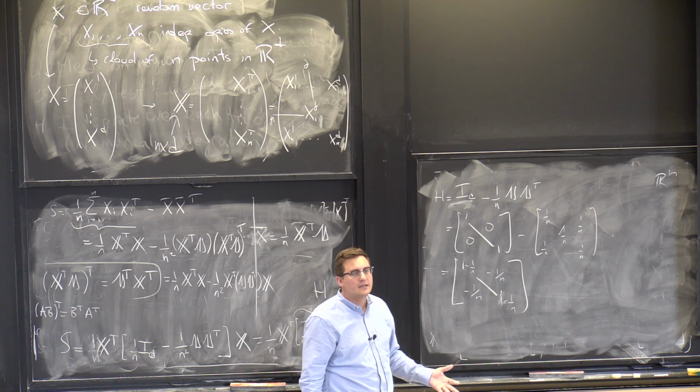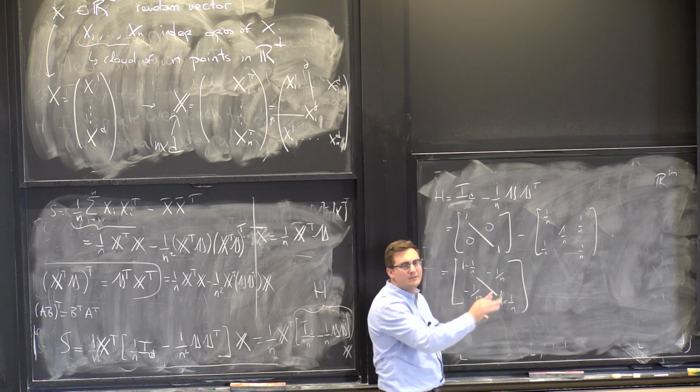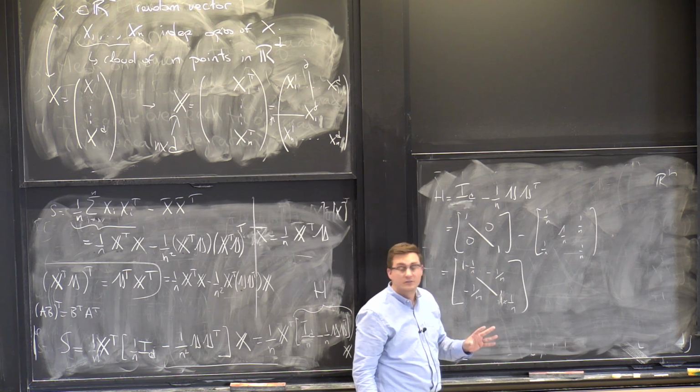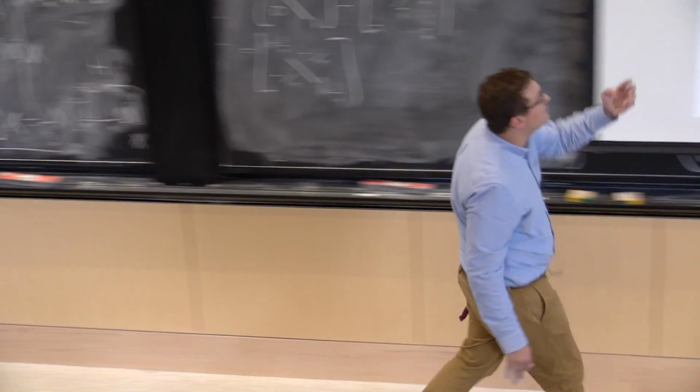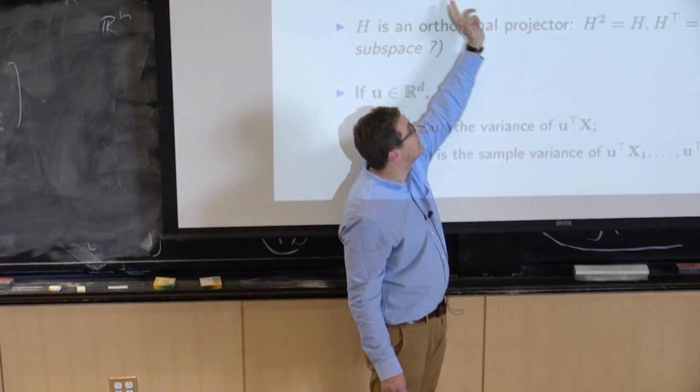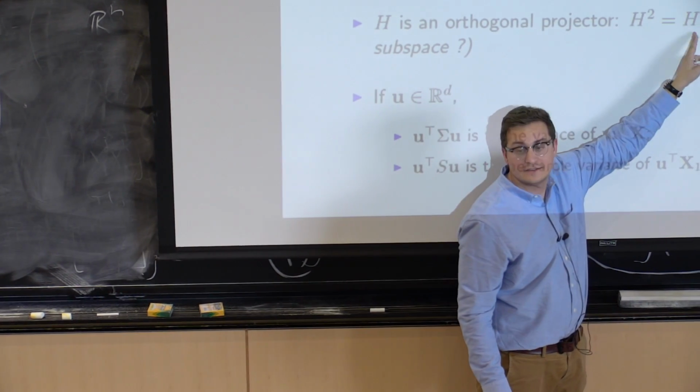Prove to me that it's a projector matrix. You're going to have to take this guy times itself. It's going to be really complicated. We know it's symmetric, that's for sure. But writing it this particular way is going to make my life super easy to check this. That's the definition of a projector.